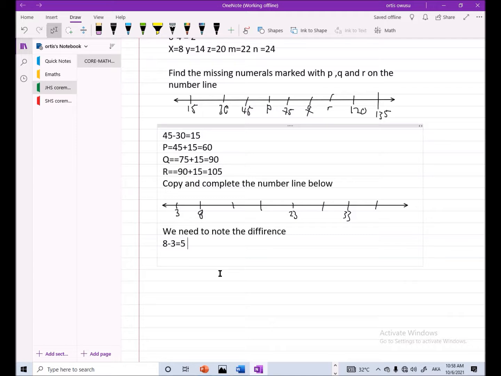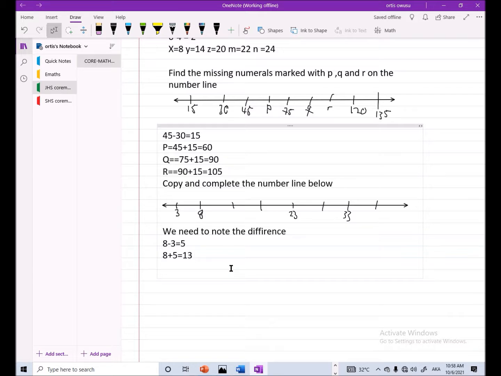So I'll take my 5 and add it to 8, so that I will know what is next. So I write 8 plus 5, which gives me 13. So I know my next is 13.